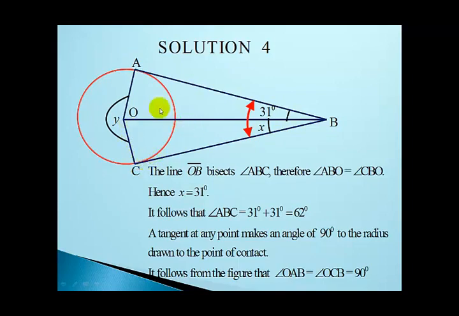So angle OAB, the angle at A, is equal to angle OCB, the angle at C, and this is equal to 90 degrees.